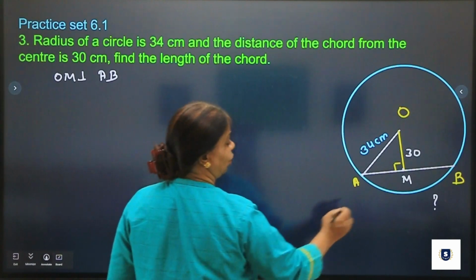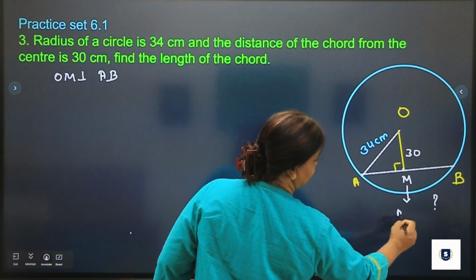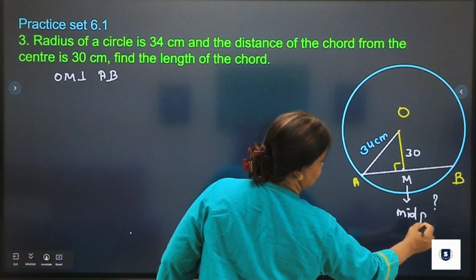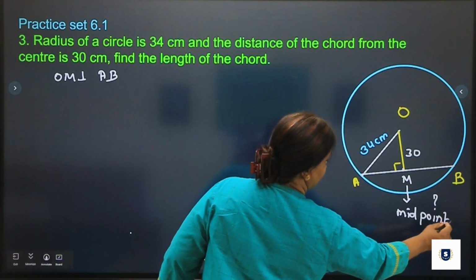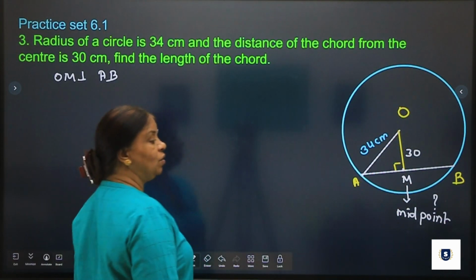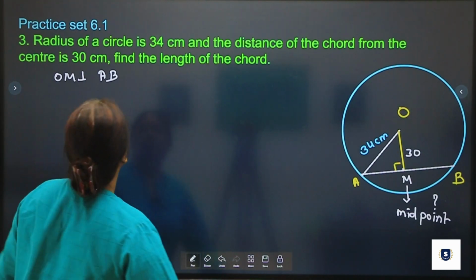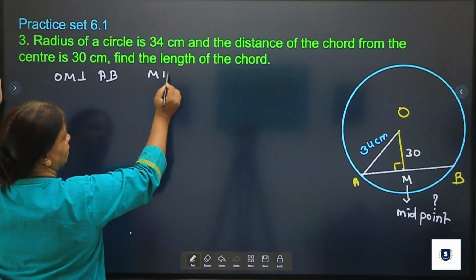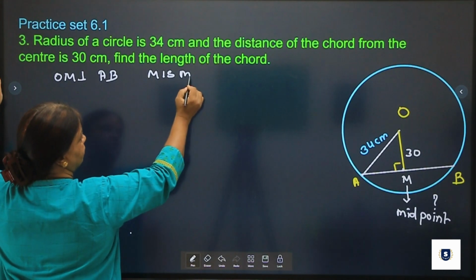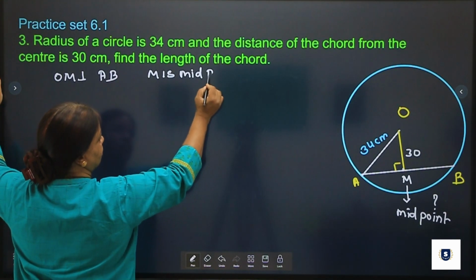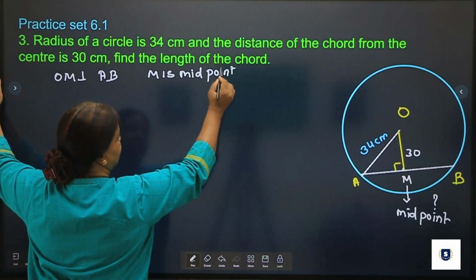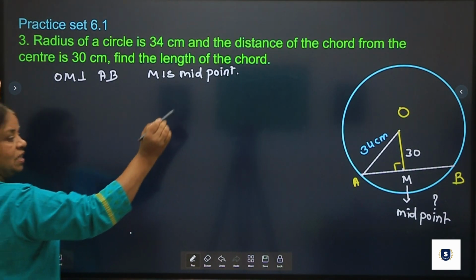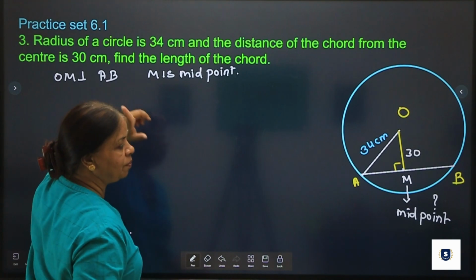Let M be the midpoint. M is midpoint. If M is the midpoint, OM will be perpendicular. Clear? So OM is perpendicular to AB and M is midpoint. So we must always mention that a line drawn from the center to the midpoint is always perpendicular.